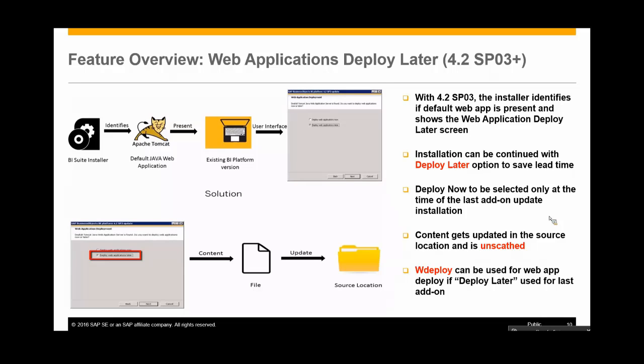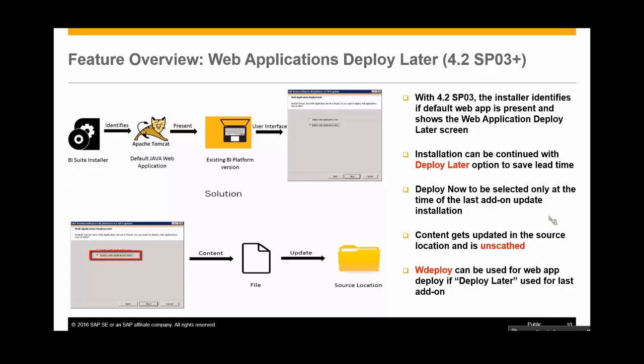With the installation through setup.exe, the installer identifies if default Tomcat is present or not. Depending upon this, it will show you the screen that you can see. This Web Application Deployment screen gives you options to deploy web applications now or later.